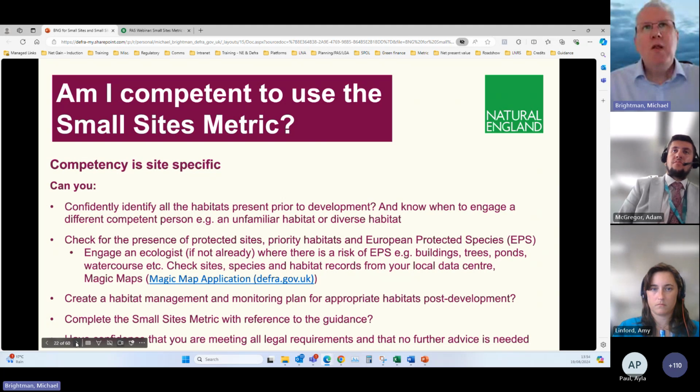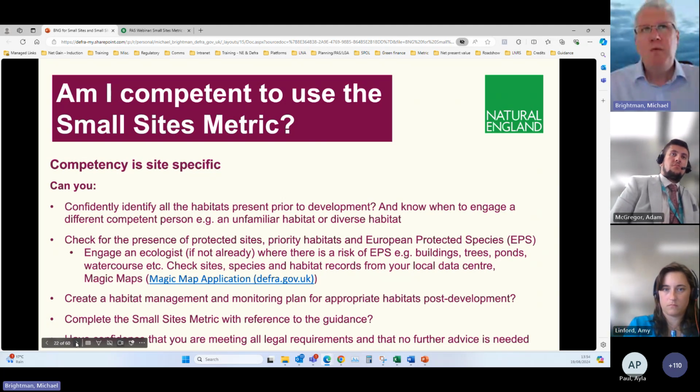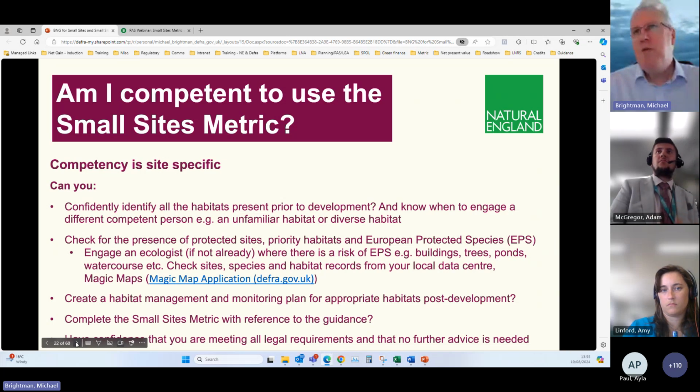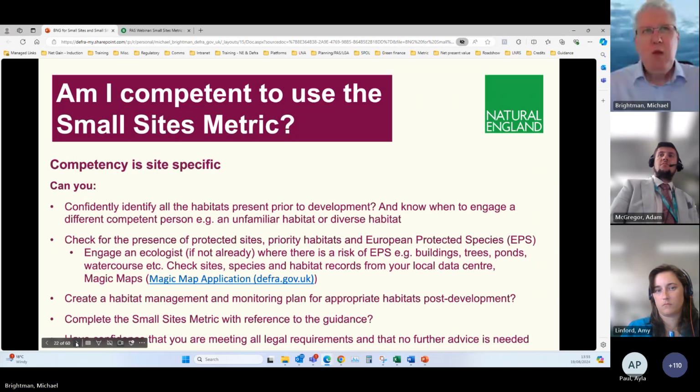Remembering that competency is site specific, what a person should do to ensure they're competent is confidently identify all the habitats present prior to development, but importantly, know when to engage a different competent person, for example if they come across an unfamiliar habitat or a diverse habitat. They should also be able to check for the presence of protected sites, priority habitats, and European protected species.